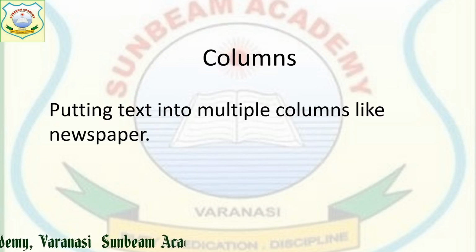Next is columns. Sometimes we put our text in 2, 3, 4 columns, as in the case of a newspaper. That is known as columns. If you are going to put your text into multiple columns, more than one column, by default it is one column.